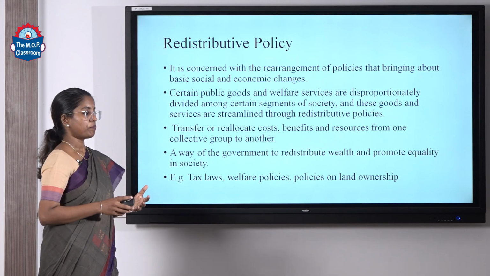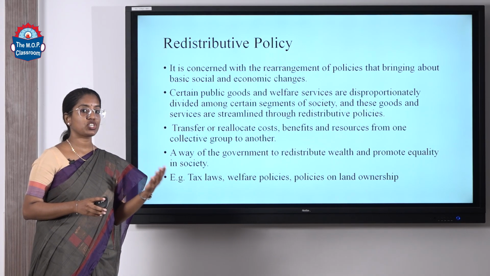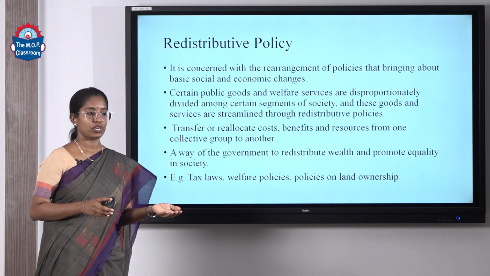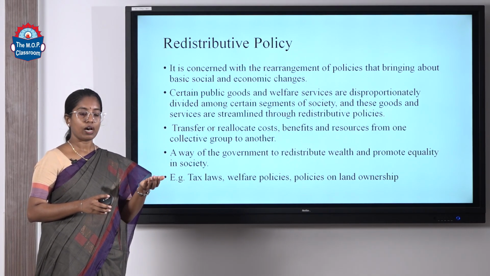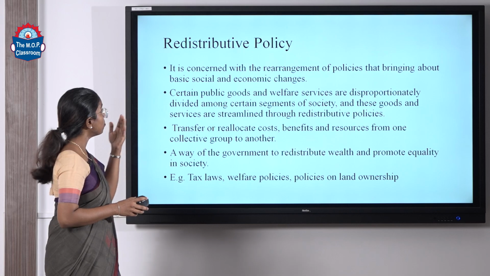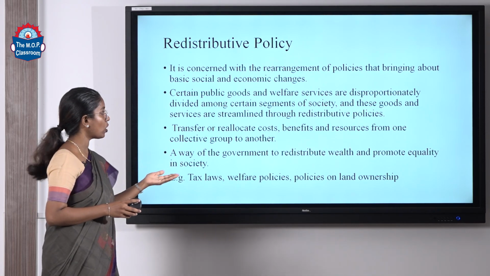For example, some section of the society is underprivileged. How do we uplift them in the society? By implementing this redistributive policy.